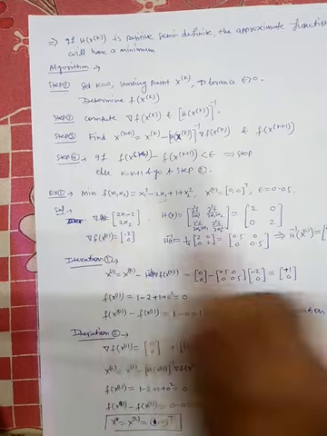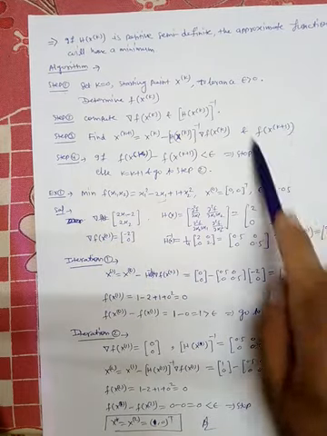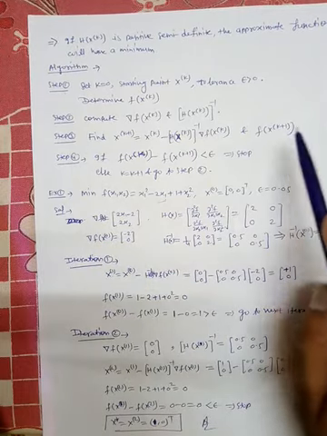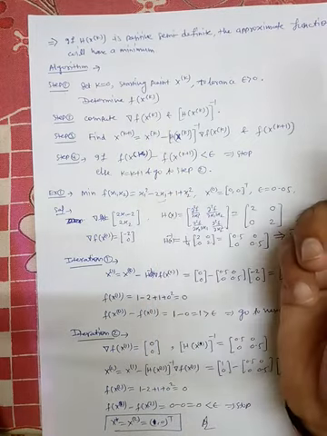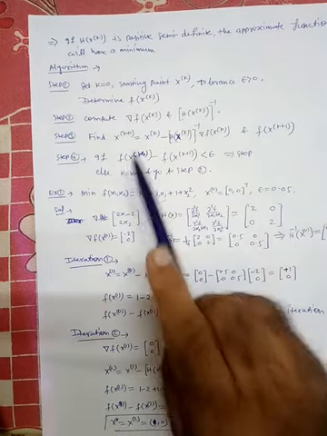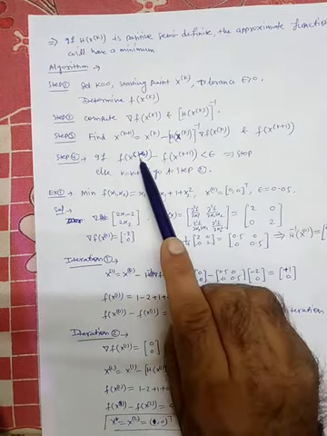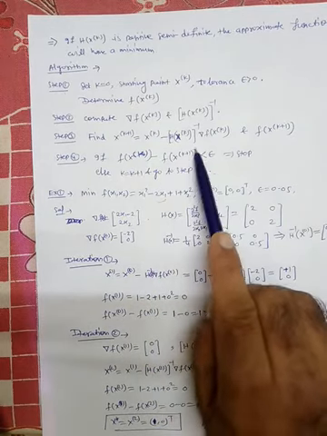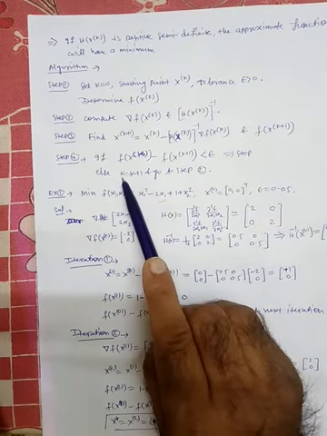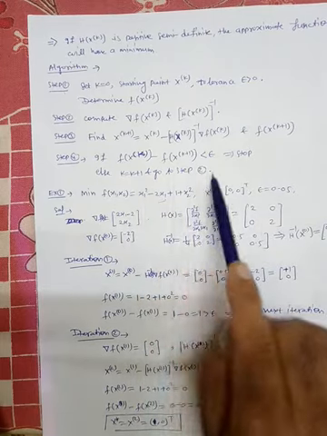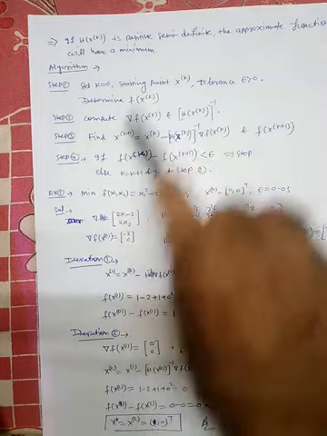Now step number 4: if f at xk minus f at xk plus 1 is less than epsilon, then stop. Else compute the next point by setting k equal to k plus 1 and go to step number 2. So this is the algorithm.